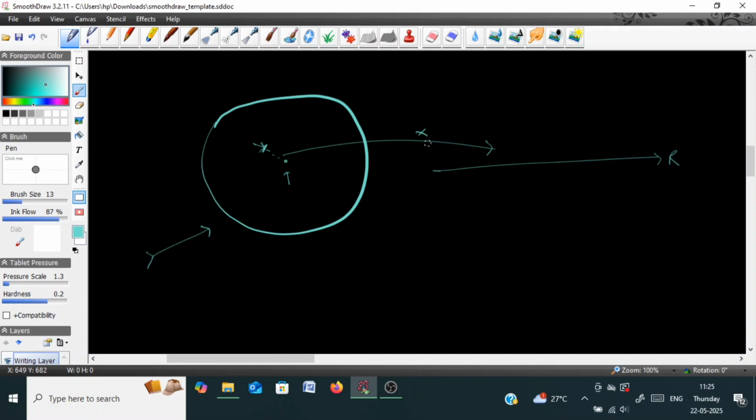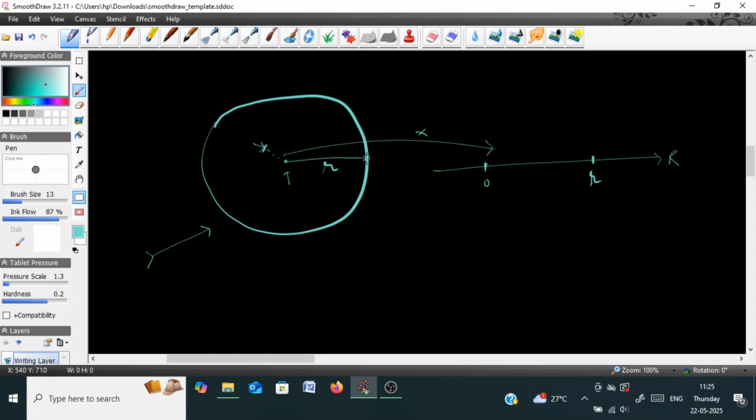This random variable X will turn out to be a continuous random variable. Suppose r is the radius of the circle. The minimum value that the random variable can take is of course 0, and the maximum value is r.